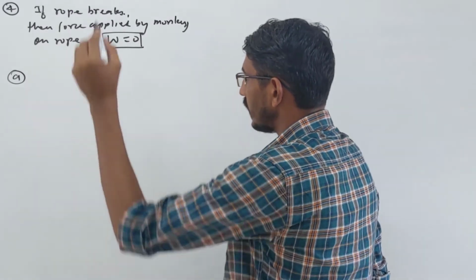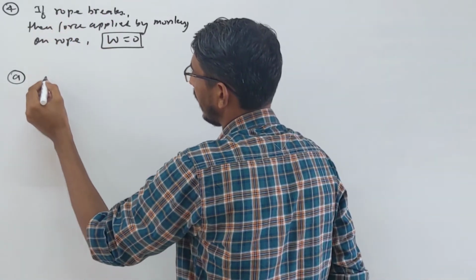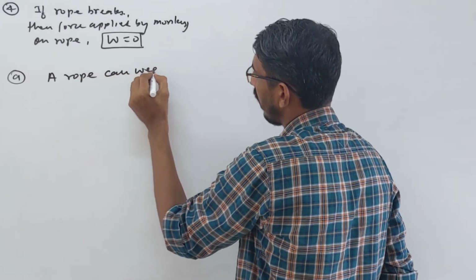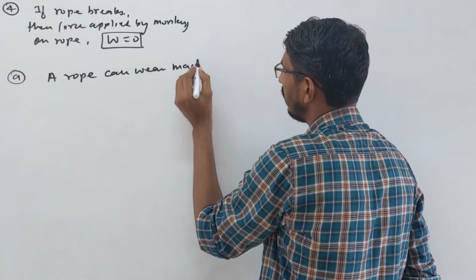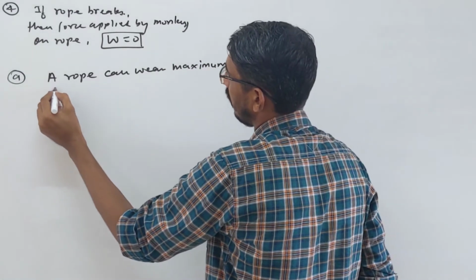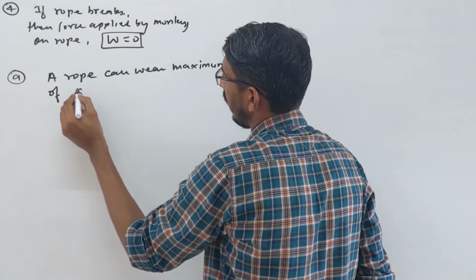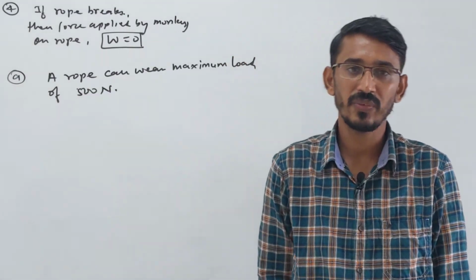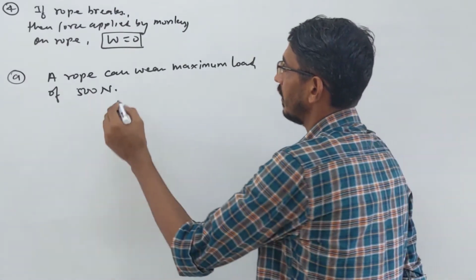Suppose like this, they say that a rope can bear a maximum load of say 500 Newton. Maximum load it can bear is 500 Newton. Correct?